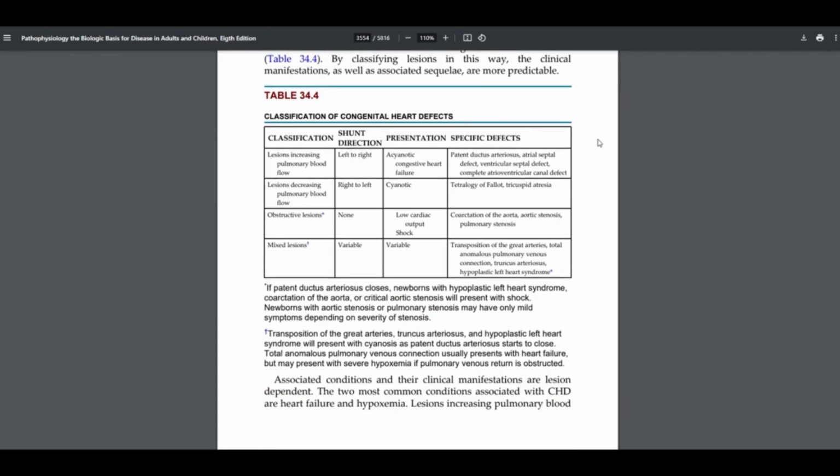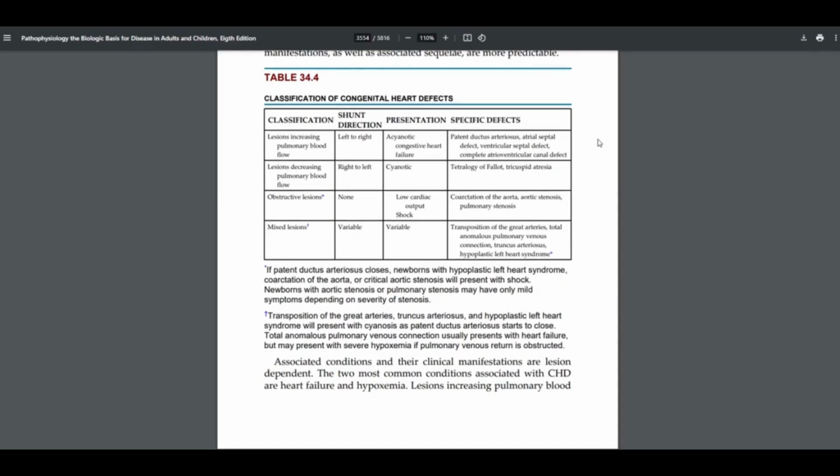So then there is a classification of congenital heart defects here. Lesions increasing pulmonary blood flow, the left to the right, can cause a cyanotic congestive heart failure.